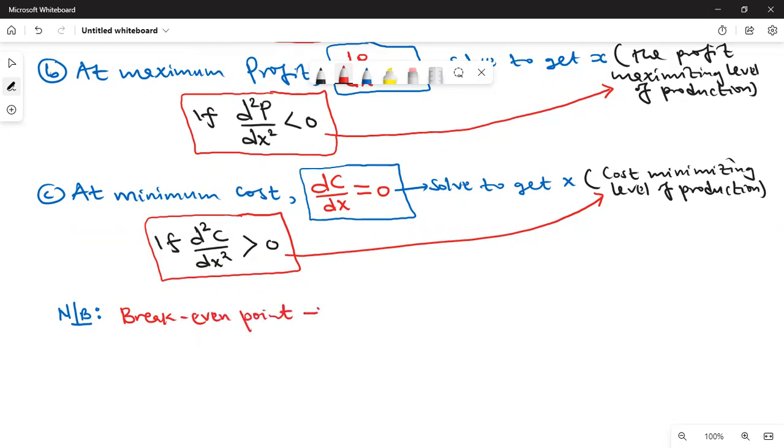What do you mean by the break-even point? It is the point where the total cost is equal to total revenue.